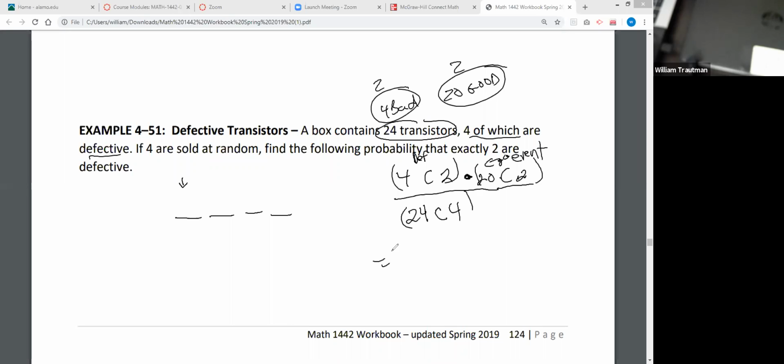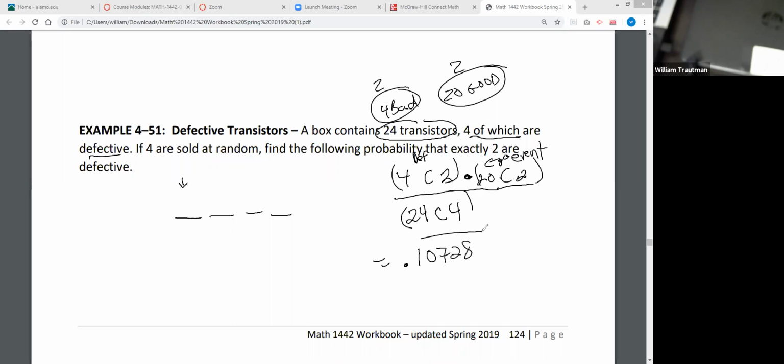So you need a parentheses for the entire top. 4C2, math, combination 2, times 20, math, combination 2, divided by 24C4, 24 math C4. Oh, that doesn't look too bad, if I typed it in correctly.